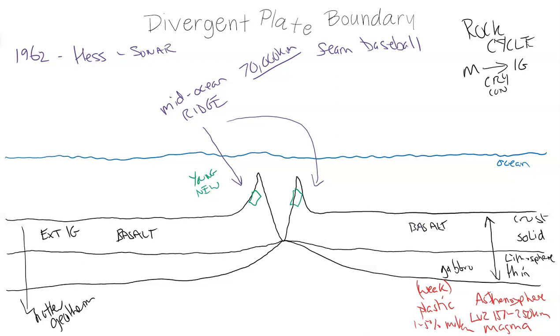So as this lava is on the surface at the bottom of the ocean, which is very cold, and without light, it's aphotic, you're going to have this very fast cooling lava that comes out right here in the ridge to cool down and form this brand new basaltic rock.